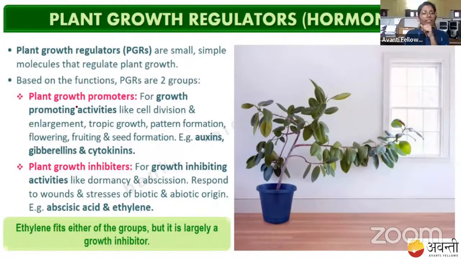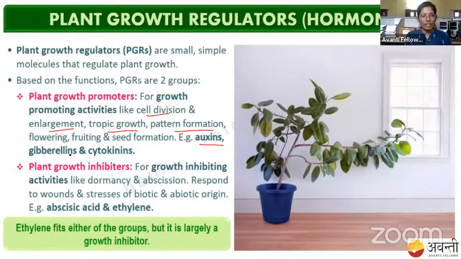And this slide we have already studied in the previous class, right? Plant growth promoters are going to promote activities like cell division, enlargement of a cell, tropic growth, pattern formation, and flowering, fruiting, seed formation. Many of the growth activities are going to happen. Those are called plant growth promoters.